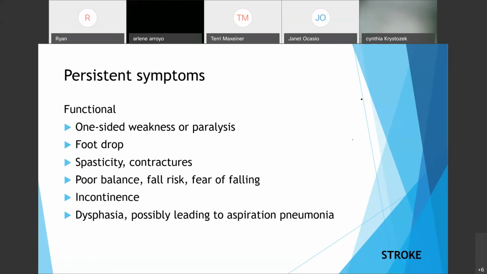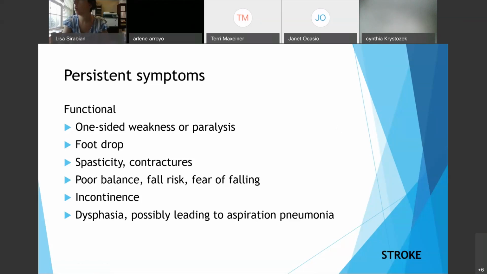Okay, so what we're going to be dealing with mostly on our end is dealing with persistent symptoms. And the persistent symptoms really relate directly to the portion of the brain that was injured during the stroke.